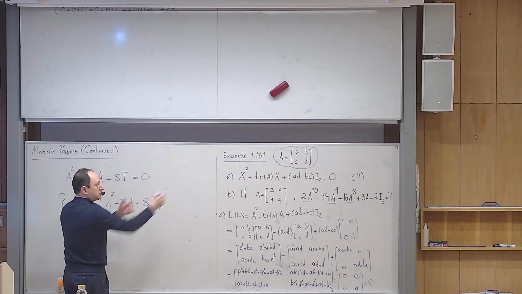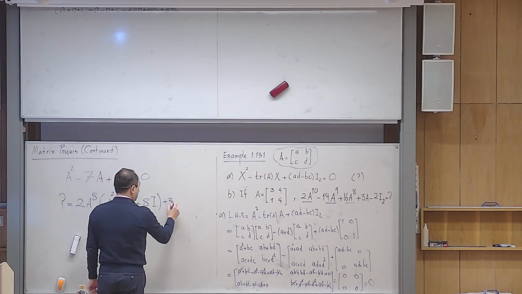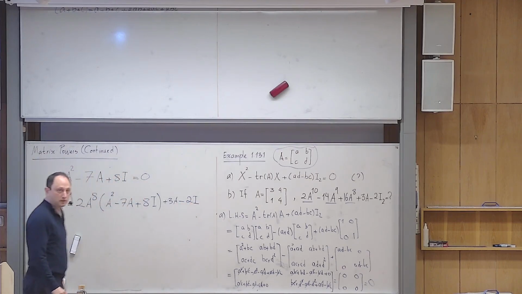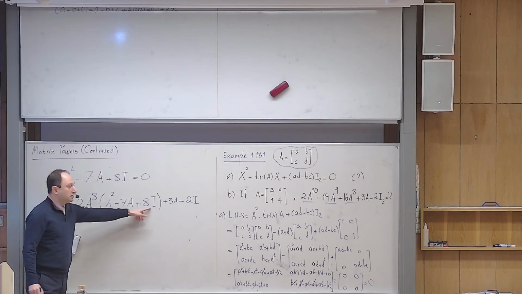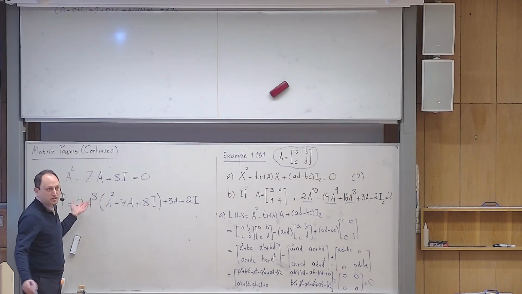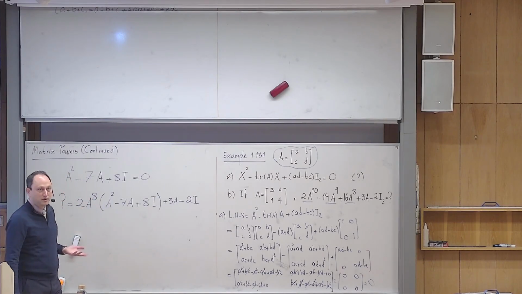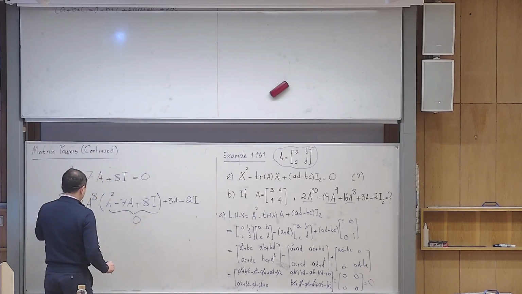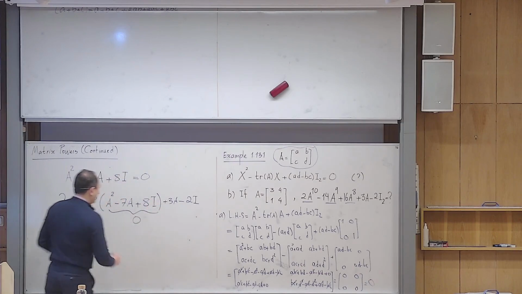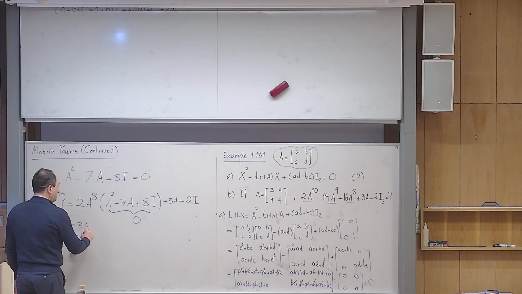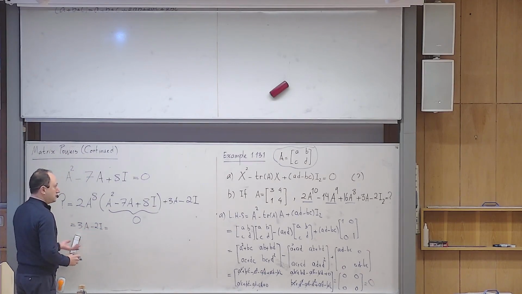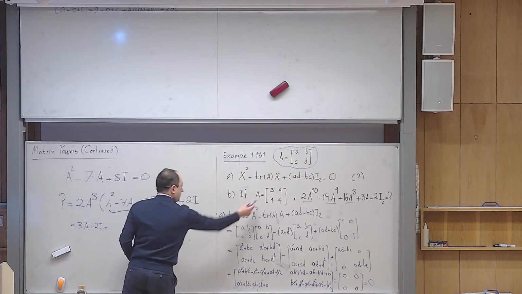And then the rest of the story: plus 3A minus 2I. But according to this, the first part is 0. So the hard part vanishes completely; this is just the zero matrix, and everything is gone. What is left is 3A minus 2I, which is extremely simple to calculate for this 2 by 2 matrix.